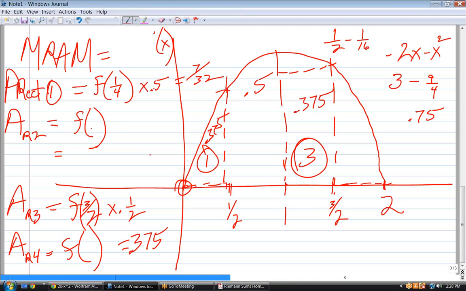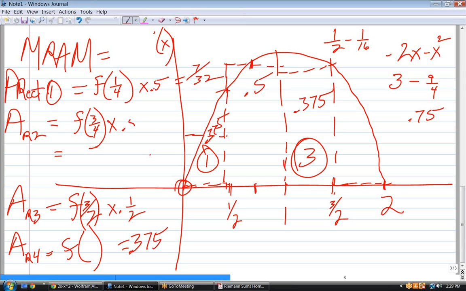Okay. So rectangle number 2, let's see, that was rectangle number 1 right there. Rectangle number 2 is going to look about right there. In other words, we want this point to be the midpoint of that. So the height is f of 3/4.